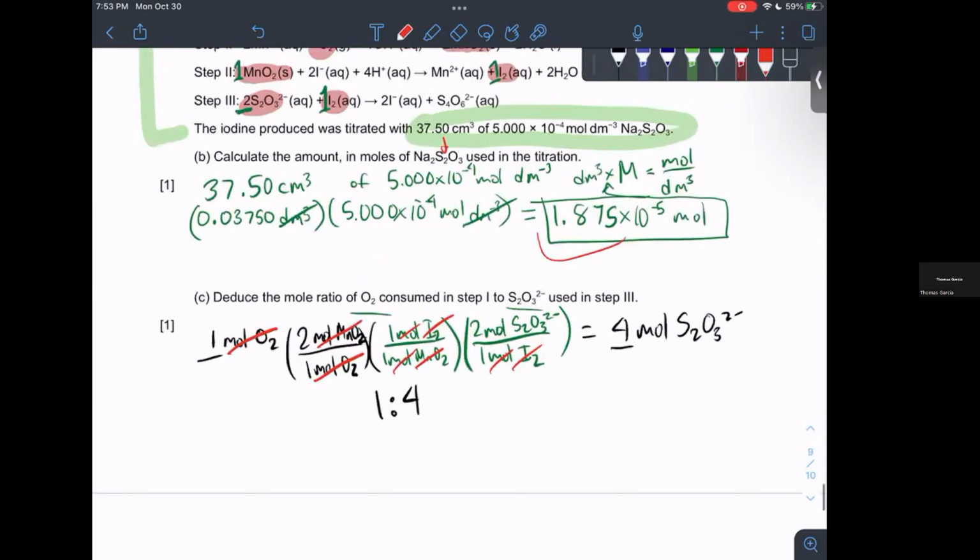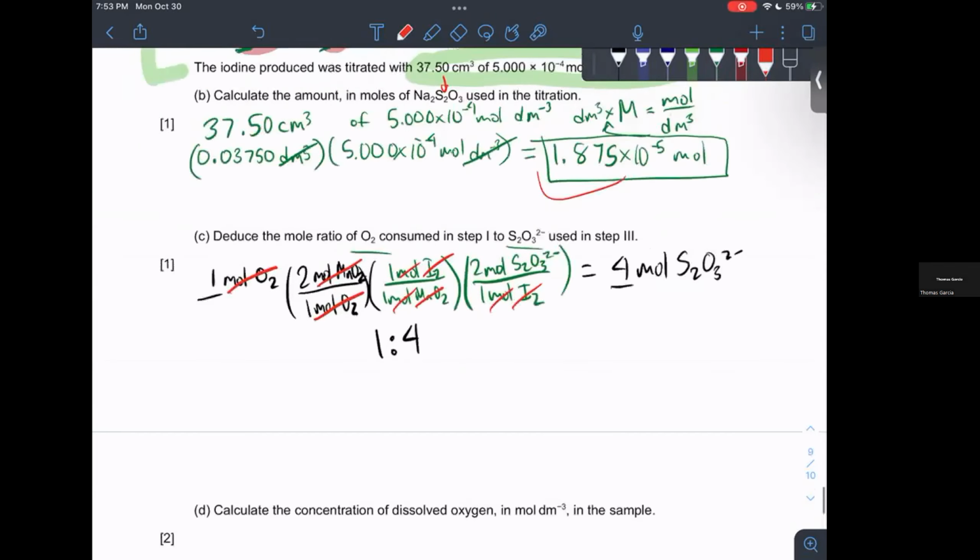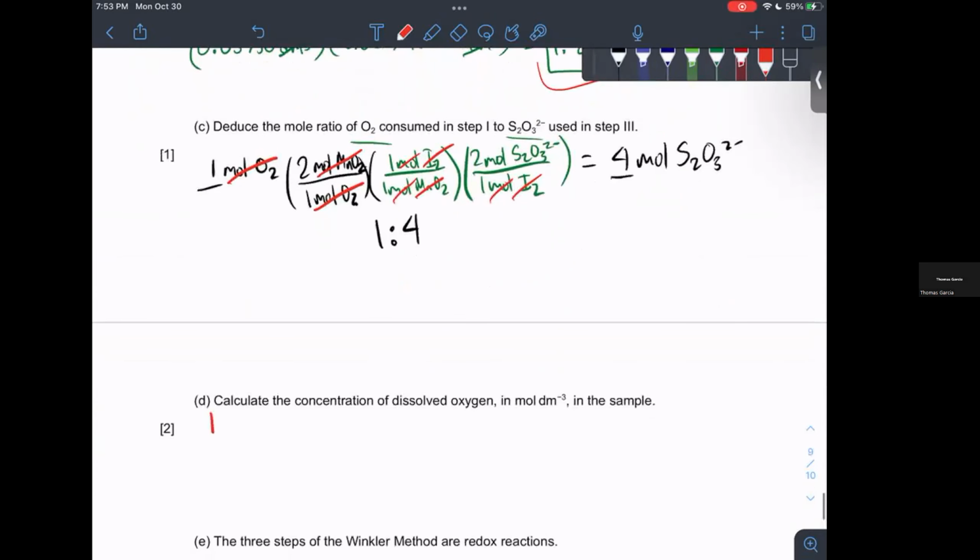The reason I know it's that is because even though we have 1.875 mole Na2S2O3, I know that just dissolves into S2O3 2-.